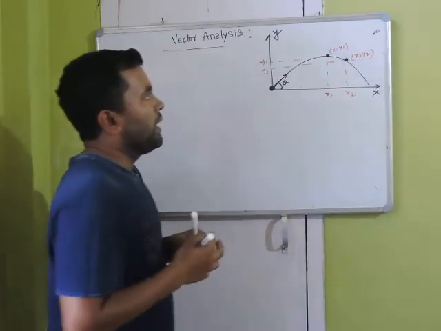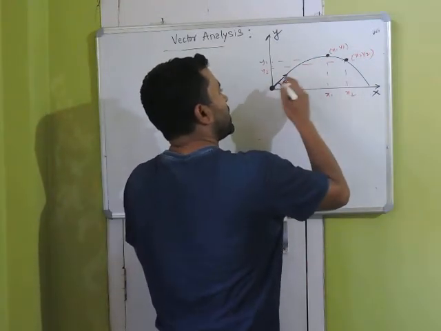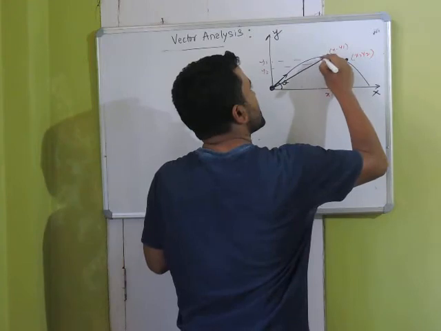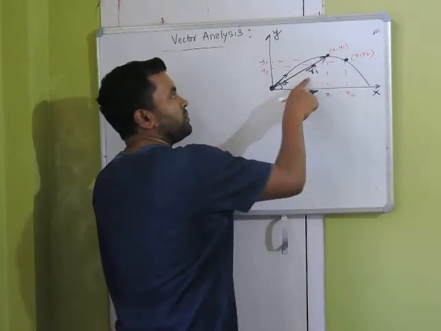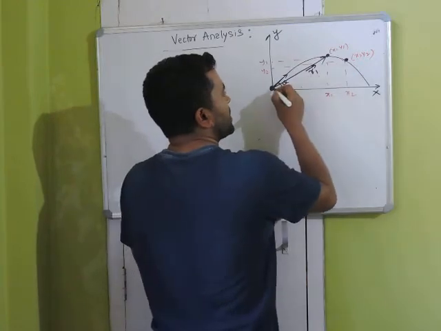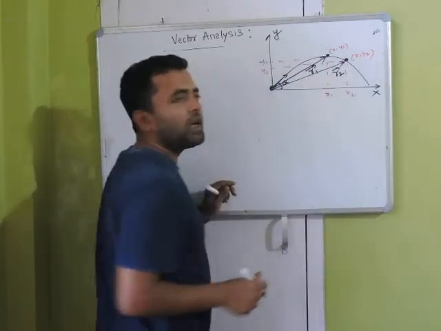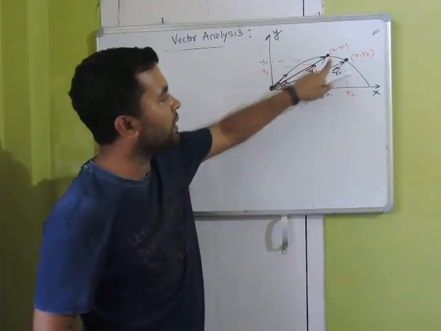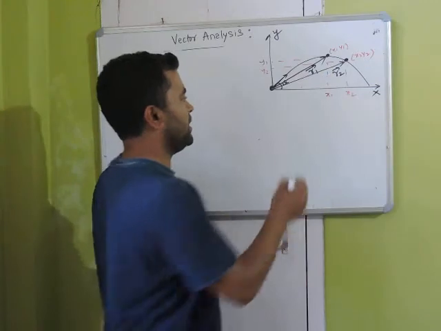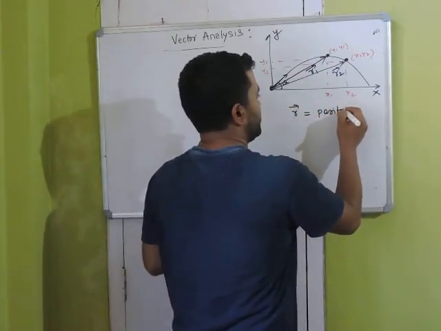Now if the ball is here and if I draw a vector from the origin, let us say like this, this is called the position vector of the ball, okay, and this will be the second position vector of the ball. So what is r1 and r2? Here r1 is the position vector here, and r2 is the position vector here. R generally is used as a position vector.